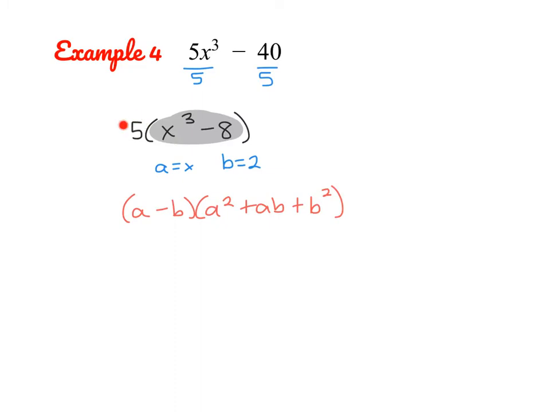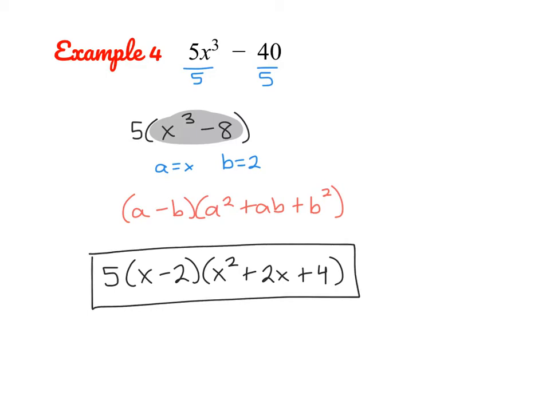That's still part of your answer. It's a factor, so you need to write it first. And then we have a minus b times a squared plus a times b plus b squared. So again, something may not initially look like sum or difference of cubes, but if you check for a GCF first, sometimes the resulting binomial can be factored more. So always check for that GCF first.